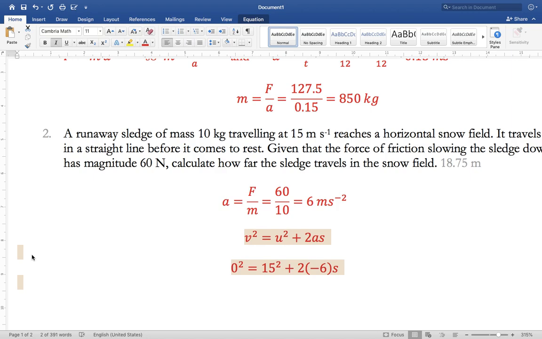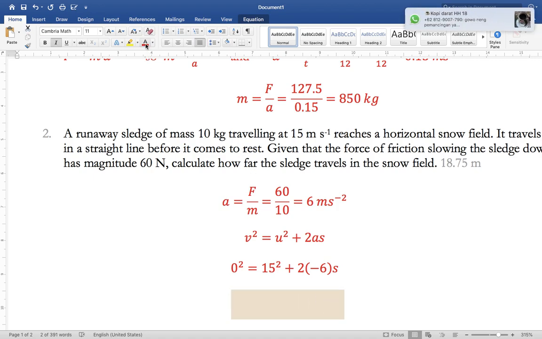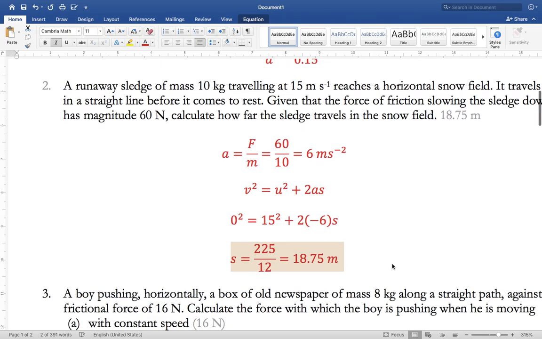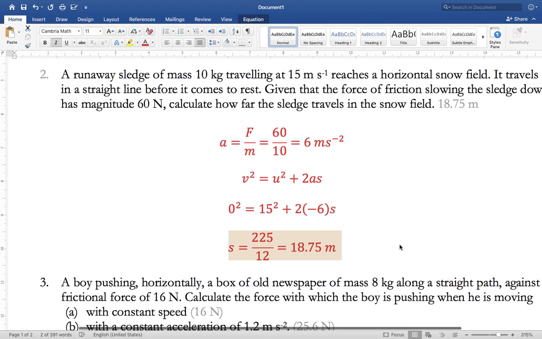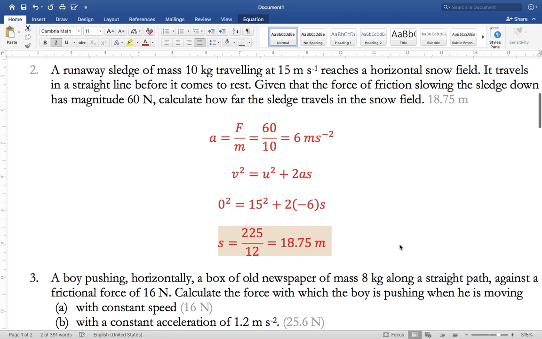So 15 squared is 225, divided by 12. We get 225 divided by 12 is 18.75 meter. If you want to copy first, just copy, or if you want to see again.